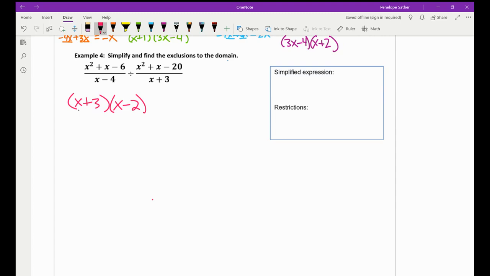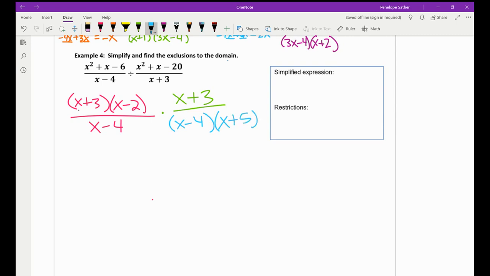The denominator doesn't need anything this time. We do know that second fraction, because we are dividing, we need to make that fraction a reciprocal. So that little x plus 3 is going to come up to the top. And then when we factor x squared plus x minus 20, we end up getting x minus 4, and we get x plus 5.